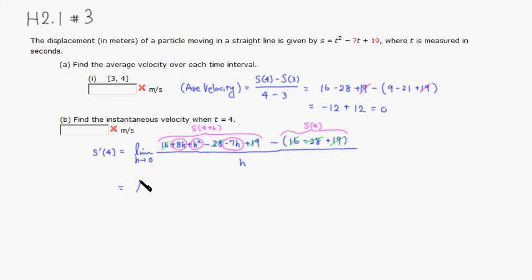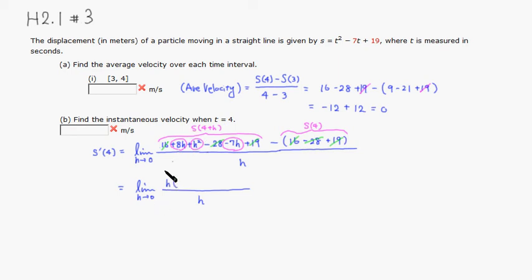So you have the limit as h approaches 0, with h on the bottom. On top, I'm going to combine 8h and negative 7h, which will be 1h. I'll pull out the h first, because every term has h.